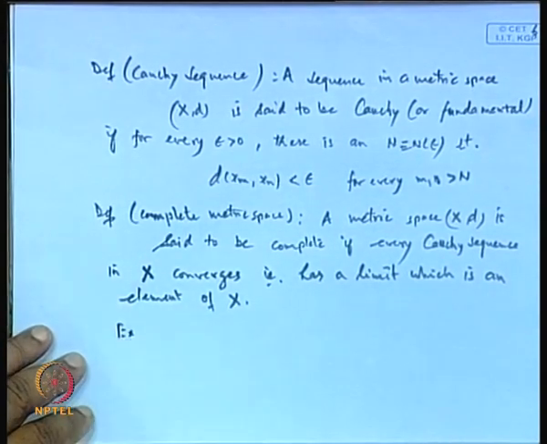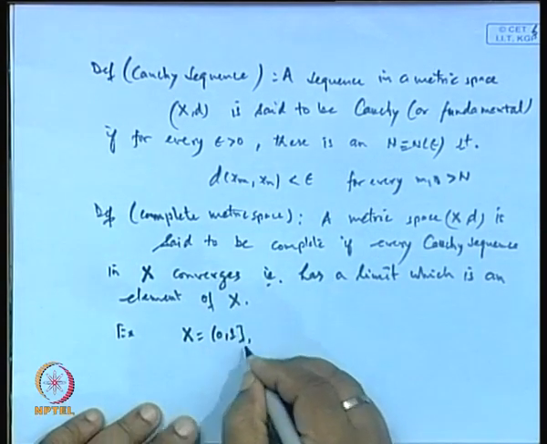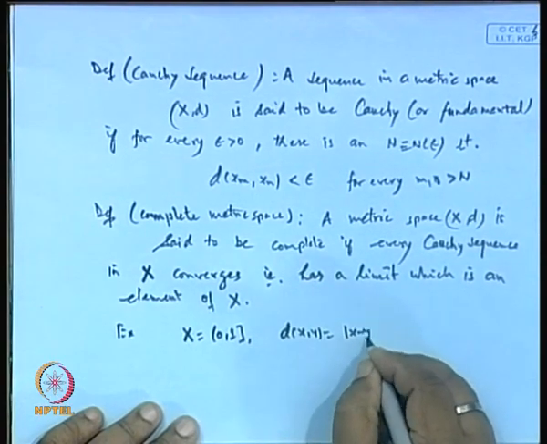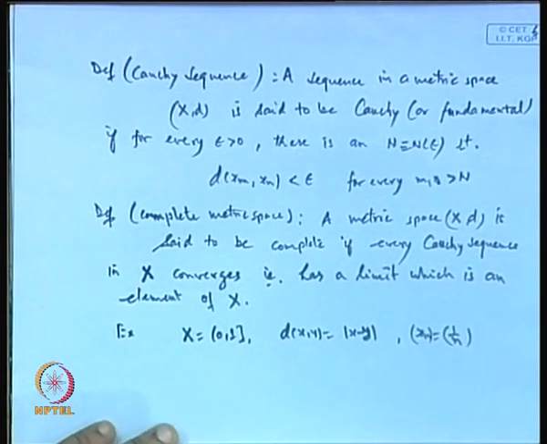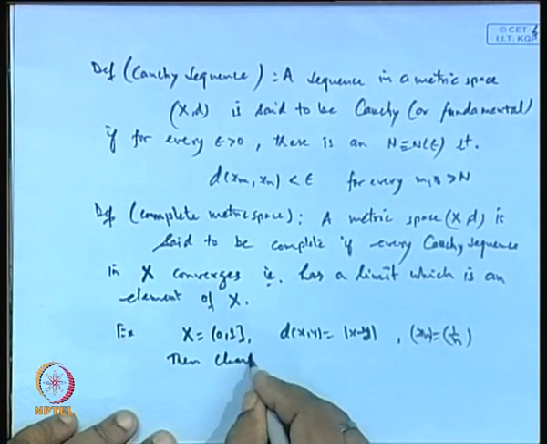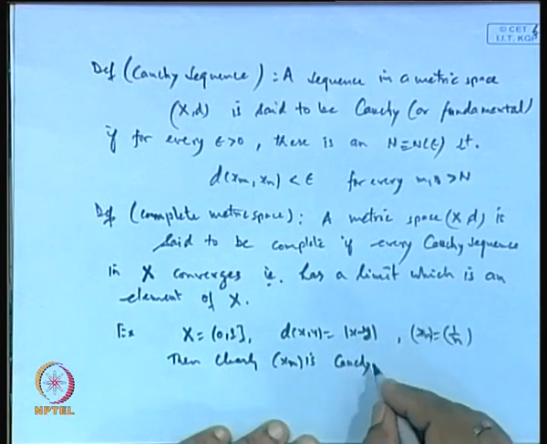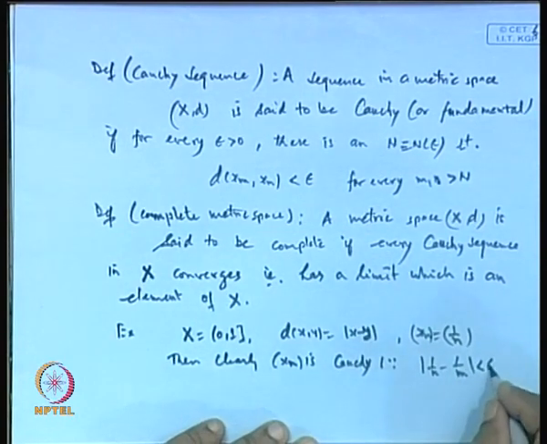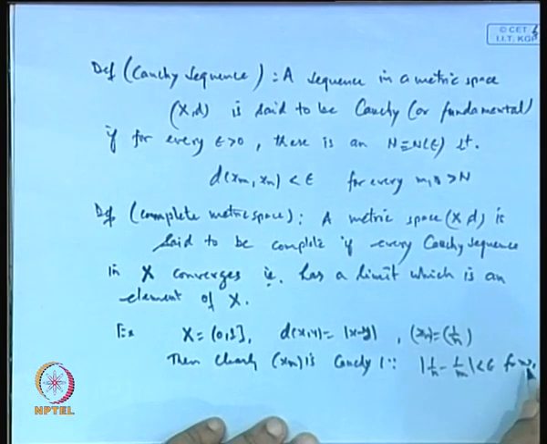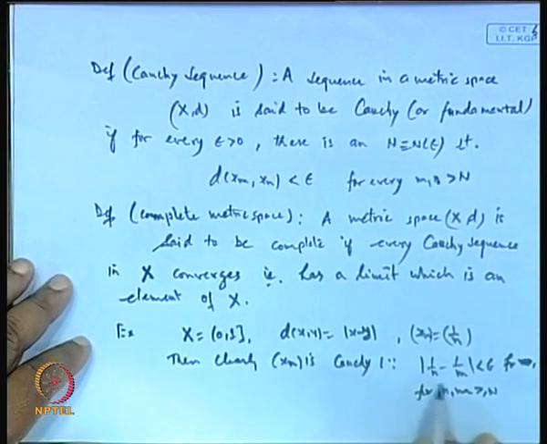So, an example is: if I take a metric space X to be (0, 1] and d(x, y) equal to mod of x minus y, and take a sequence x_n to be 1 by n of real numbers, then clearly the sequence x_n is a Cauchy sequence, because the difference between two terms of the sequence can be made less than epsilon for n, m greater than or equal to some N. When n and m are sufficiently large, 1 by n minus 1 by m reduces to 0.